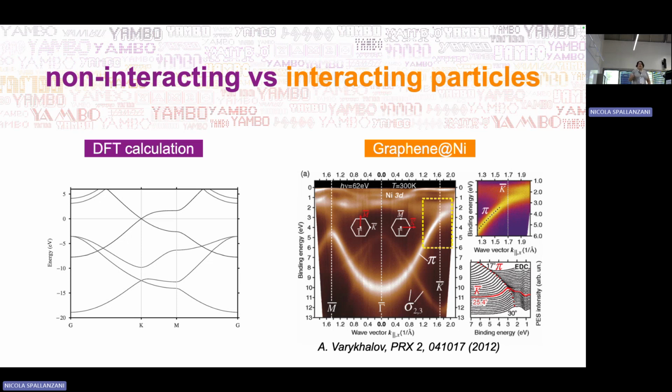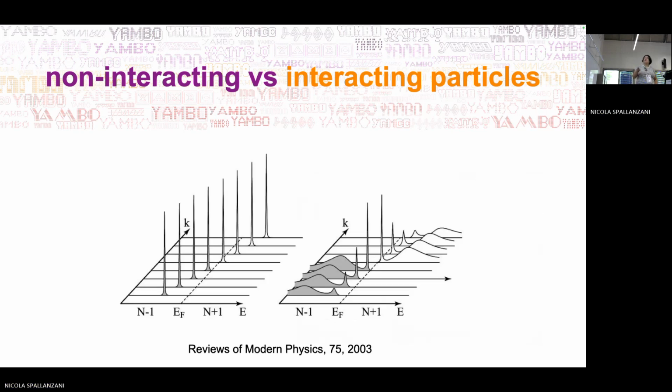The main difference that I want to stress is that while our DFT band structure is made of these lines that have no width, in a photoemission experiment we can see that the band structure, besides these lines that we can follow, has broadenings and structures that are not described by a DFT calculation.